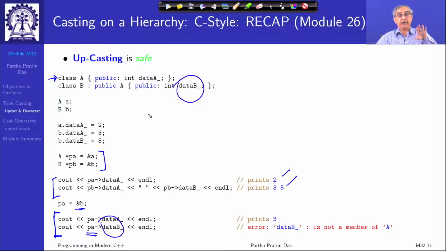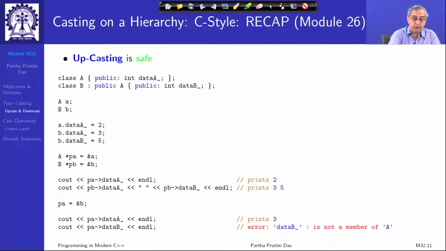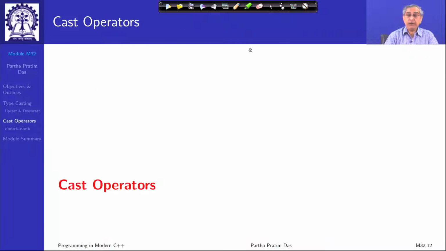I get a compile time error, which is fine. So, upcasting always is safe, downcasting will lead to problems. Okay. So, that was a quick recap of what we have in terms of casting in C++ as inherited from C.